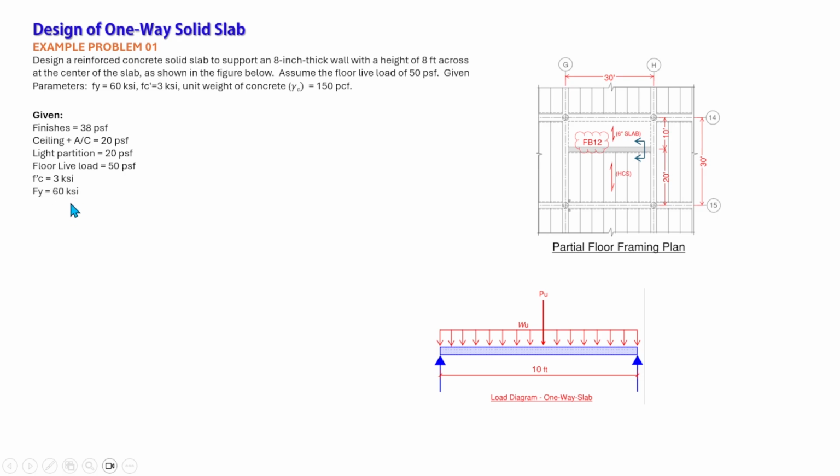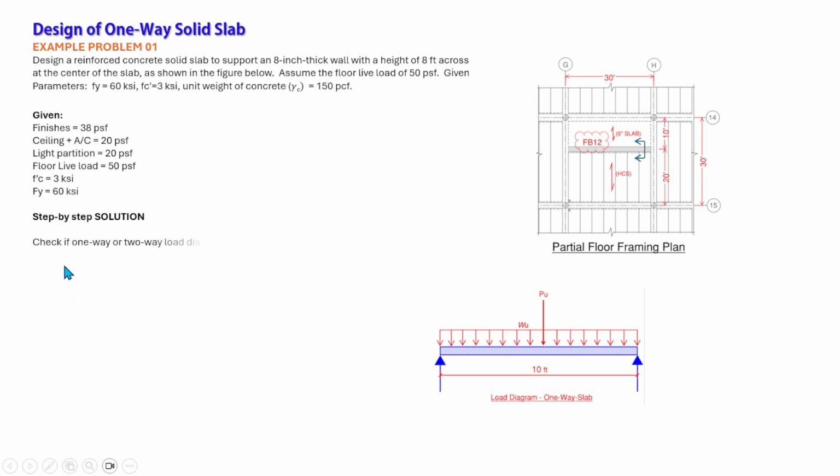Fy is equal to 60 ksi, and let's get started with our step-by-step solution. By the way guys, this is one of the previous projects, so I just formulated this problem, and this is our standard loading for this project.